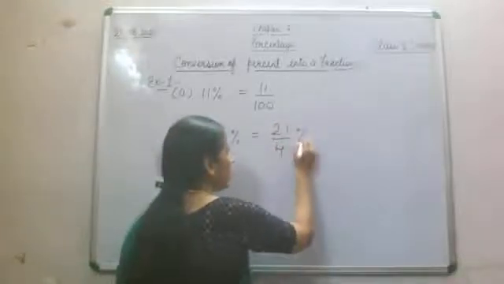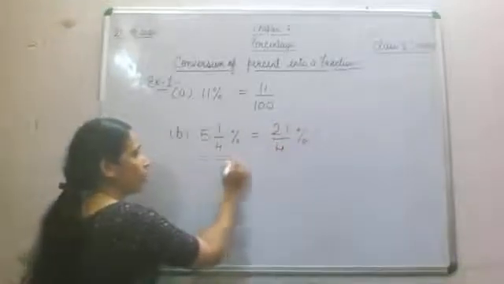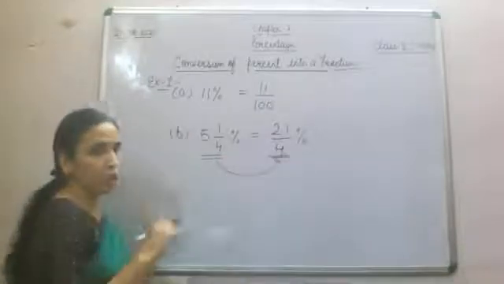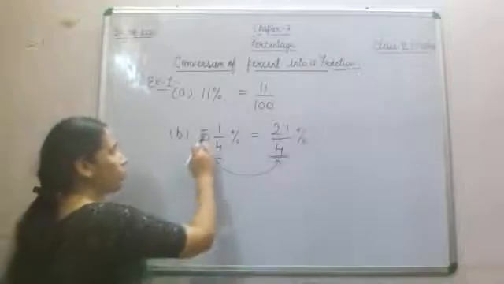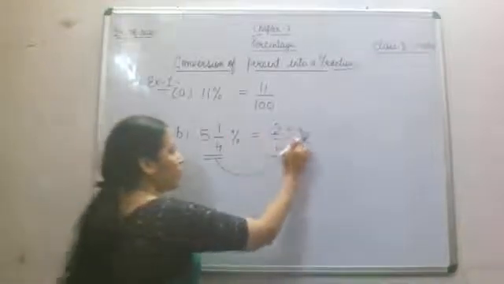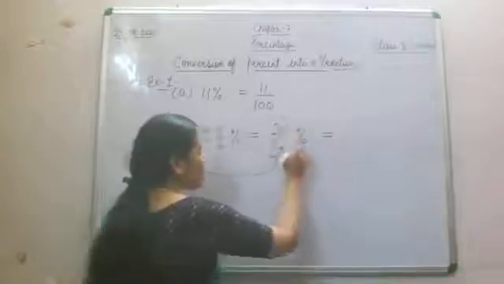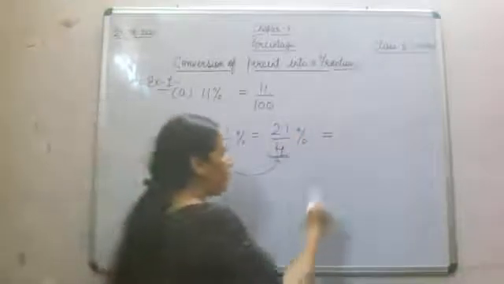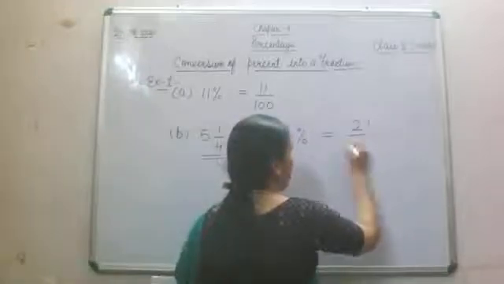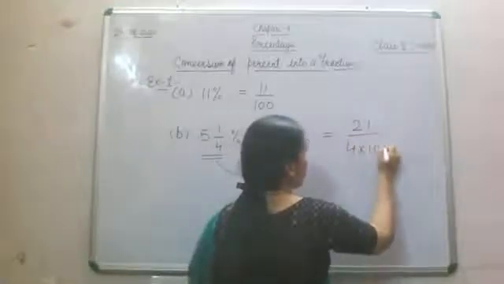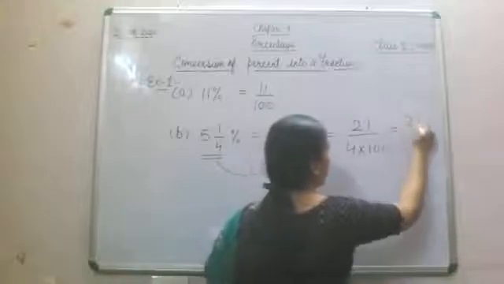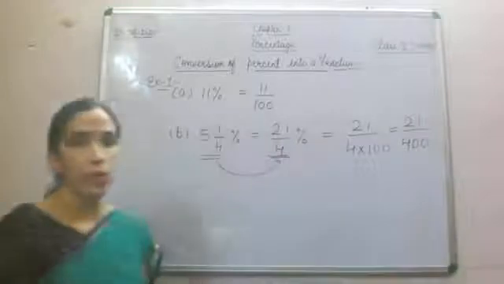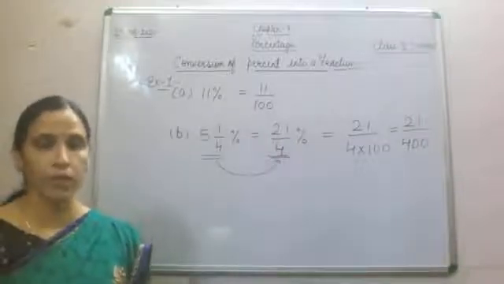We can convert this mixed fraction into an improper fraction, as we have seen in the fraction chapter. Now remove the percent and multiply 100 in the denominator. So the answer here is 21 by 400.